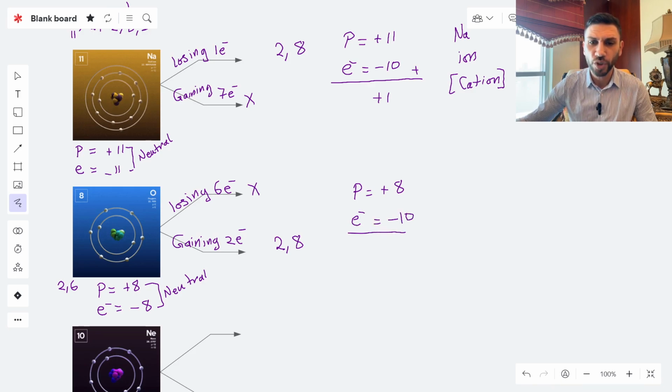So the overall charge, if you add those charges together, is negative 2. That's why the oxygen ion is O negative 2 after gaining 2 electrons. This is not an oxygen atom anymore, it's an ion because it has a charge. And the negative ion, we call it an anion.